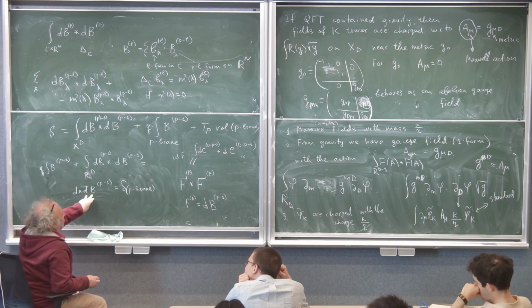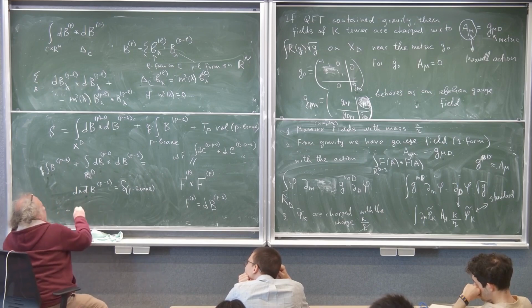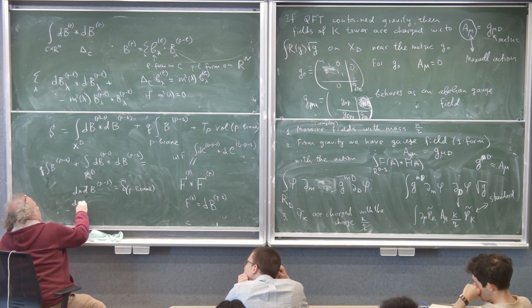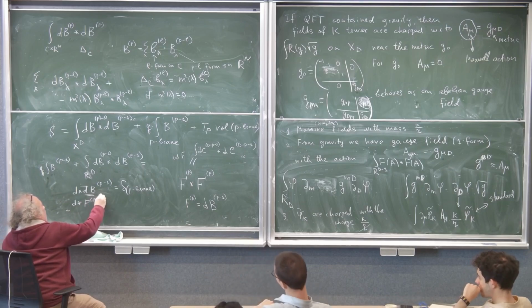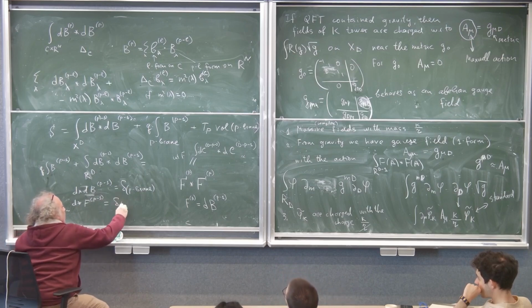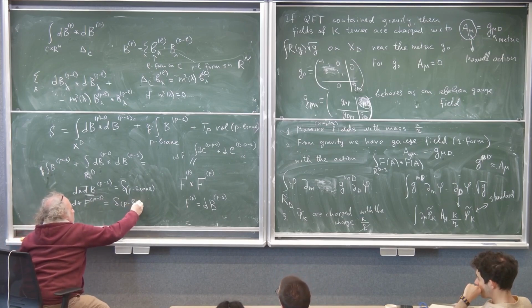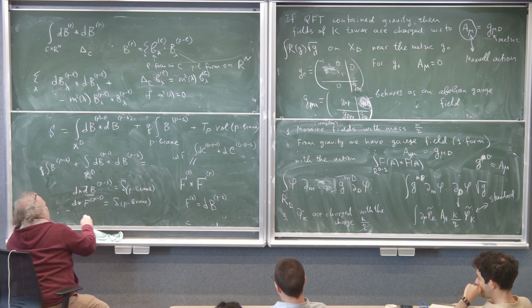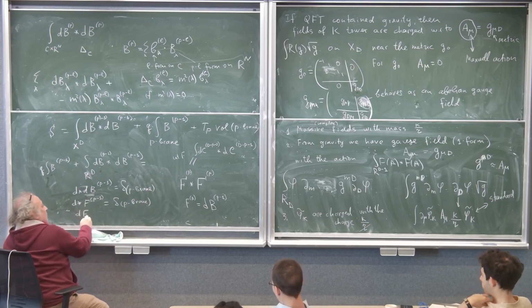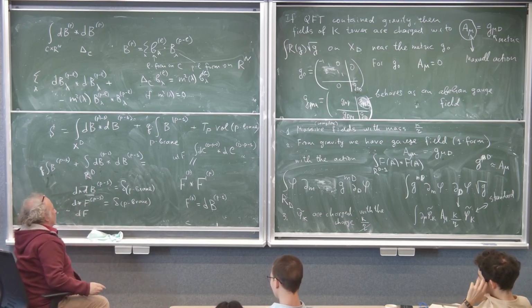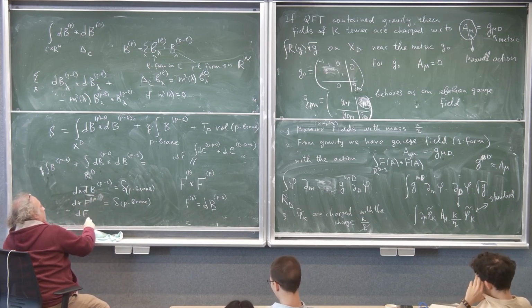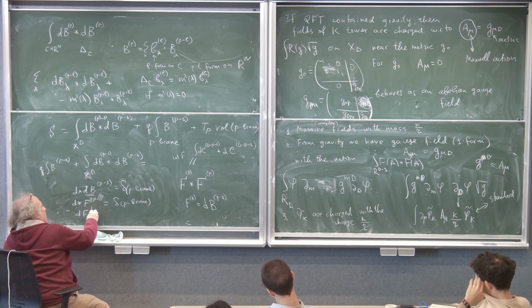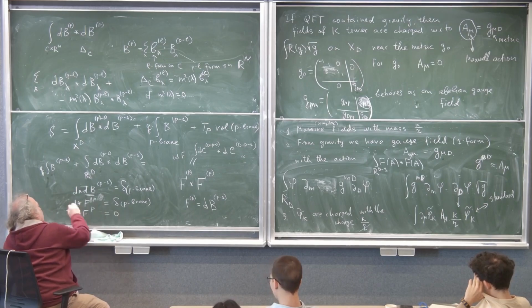Or I can write it down as d star F, and let me call this F, equals delta function on the P brane. F_P, right. And here I have dF_P equal to 0.